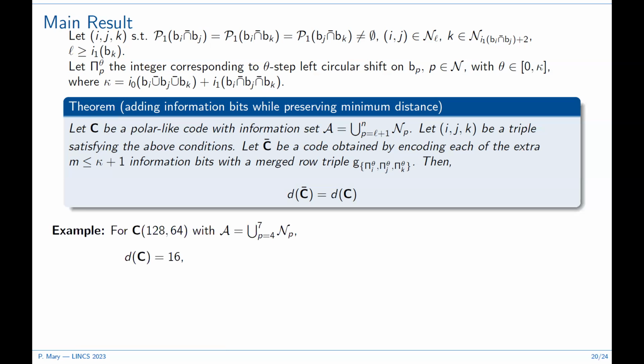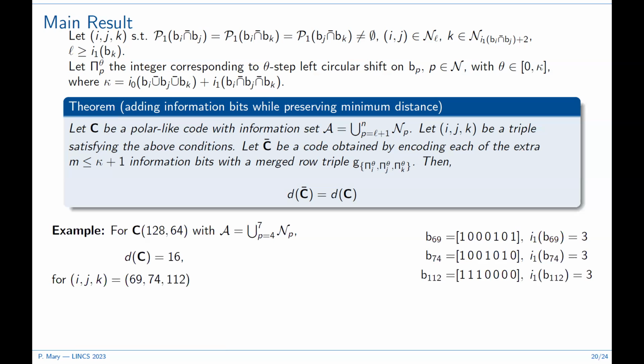So for instance, for the previous code, 128 and 64, minimum distance equal to 16. So let's take I, G, K equals 69, 74, 112. So we have the binary representation of this triple like this. So I naught is equal to 0. They don't have any common 0 in their binary representation. They have one common bit at 1 in their binary representation.